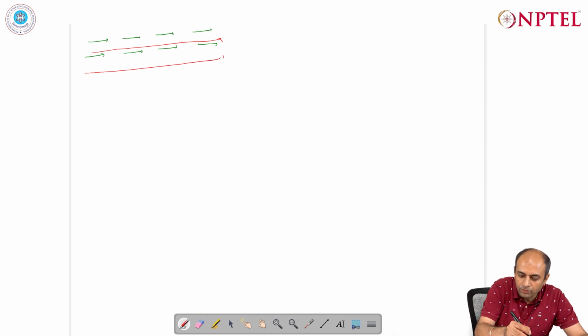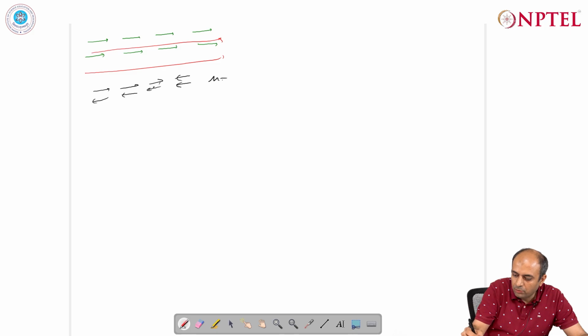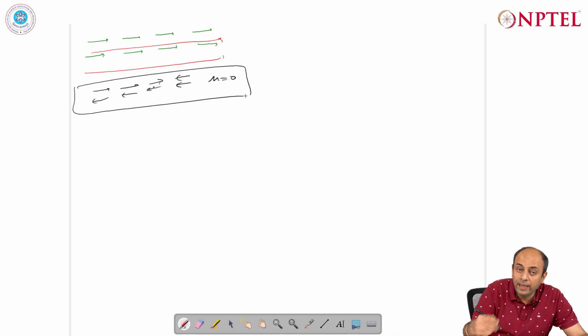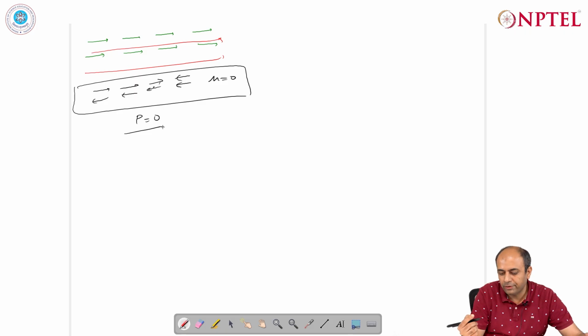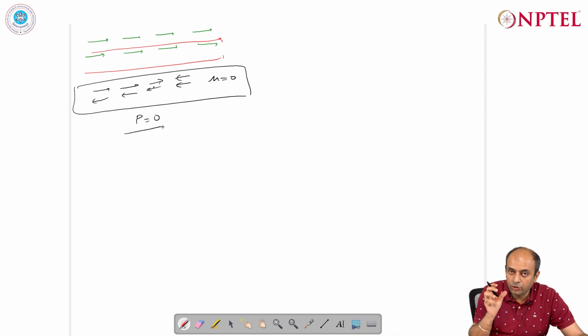But if they arrange in a centrosymmetric way, then the dipole moment will simply be equal to 0, and the overall bulk polarization P will be equal to 0. So in a crystal, if you have the opposite arrangement of these dipoles, then you will not be able to get any overall SHG activity. Although at the molecular level you might have designed very efficient push-pull systems, the arrangement simply makes it centrosymmetric, and therefore you are not able to elicit a good SHG response.